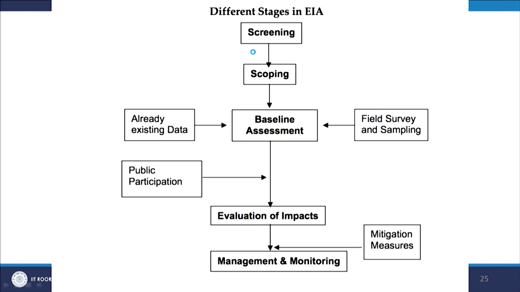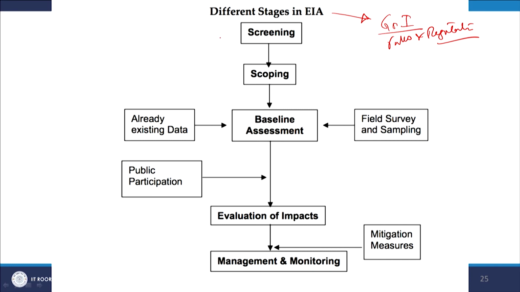Now, I just show the basic stages of environmental impact assessment. The environmental impact assessment is mandated by the Government of India rules and regulations. I have talked about the Environment Protection Act and rules under that. So, under that these are the general description and the methods.